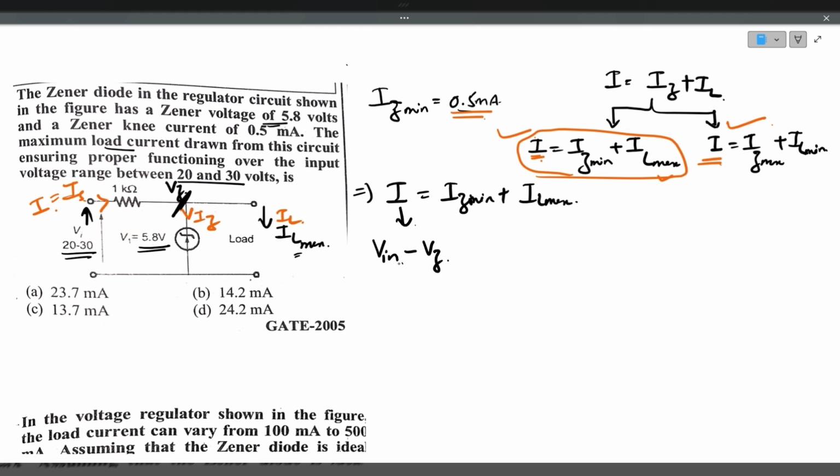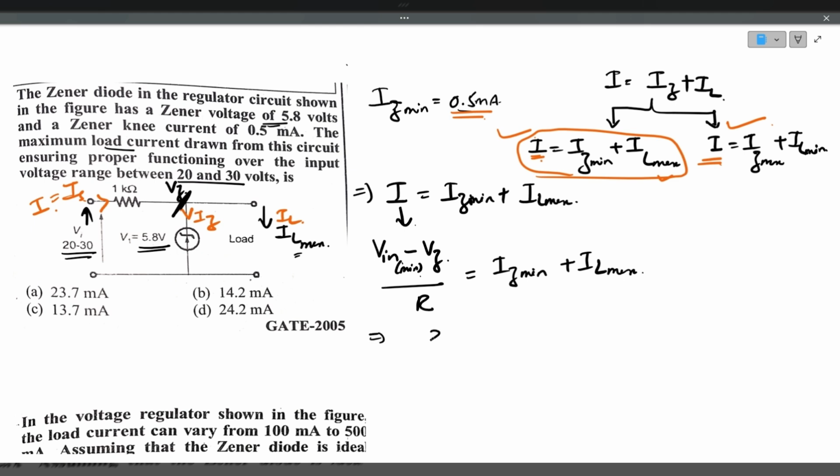Here we have to take input voltage minimum. So input voltage minimum minus Vz divided by series resistance R equals IZ minimum plus IL maximum.